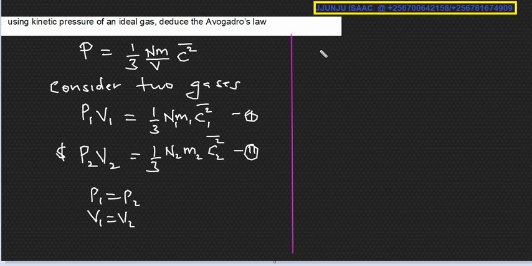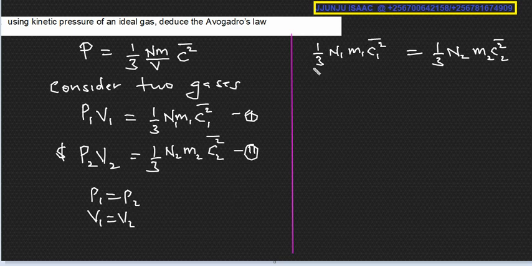So we shall have a third N1 M1 C1 squared equal to a third N2 M2 C2 squared. Okay, now we have seen pressure the same, volume is the same, and temperature is going to be the same.